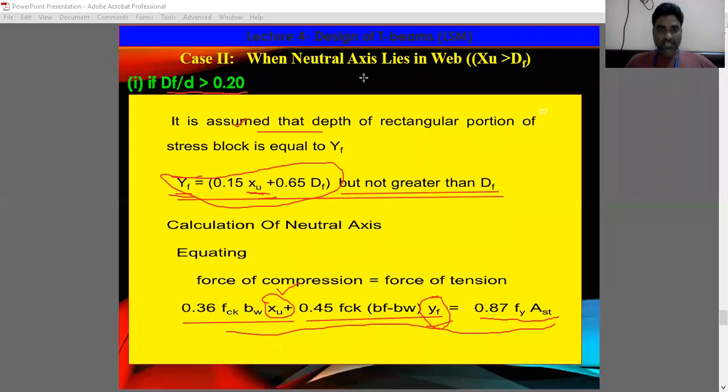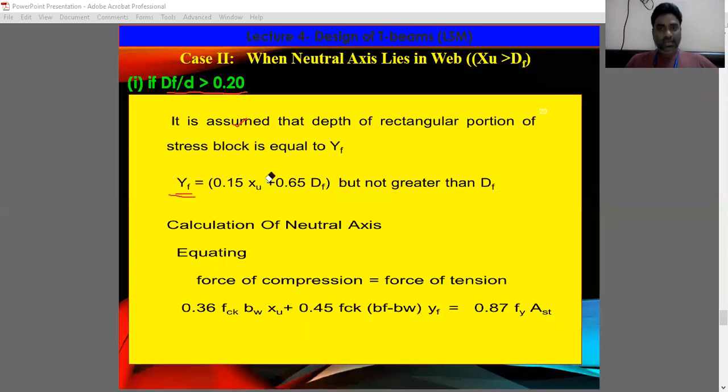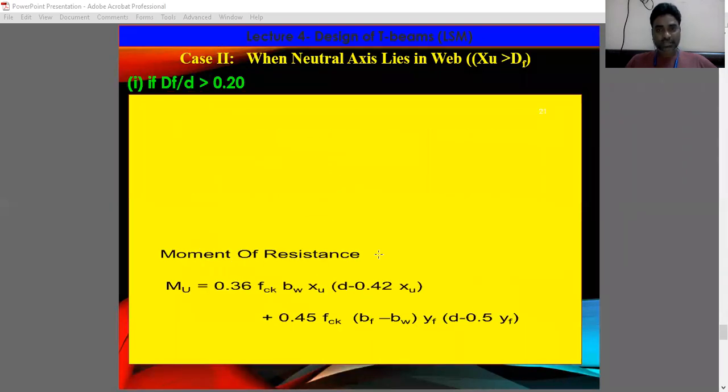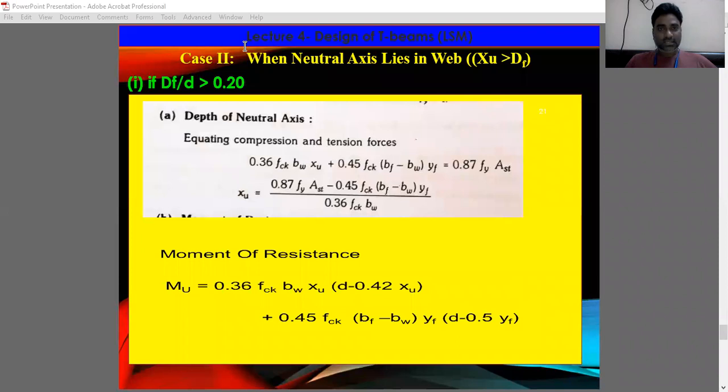So after determining the moment of resistance, everything is similar to the previous one, as I showed. So this is the calculation of Xu: 0.87 fy into Ast minus 0.45 fck into bf minus bw into yf by 0.36 fck into bw.